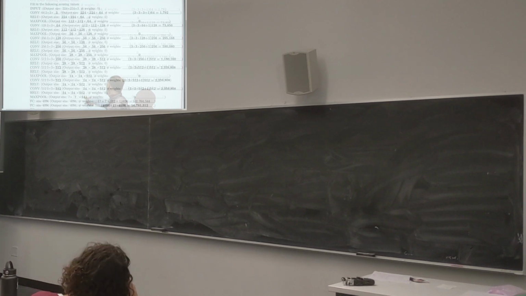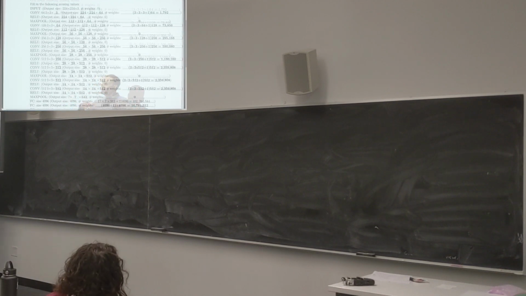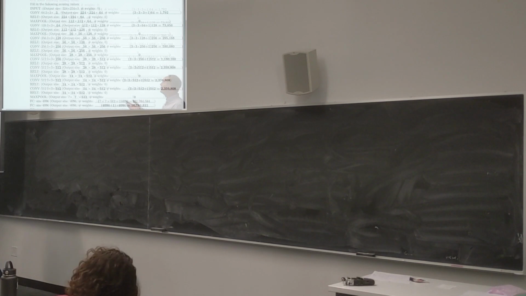All right. So if this is 7 by 7, and the max pool drops us by a factor of 2 in each direction, the previous is 14 by 14, and we know the next max pool is going to take us to 28 by 28, the next 56 by 56, the next 112 by 112, and the final one, 224 by 224, which means each convolution is not changing the size.